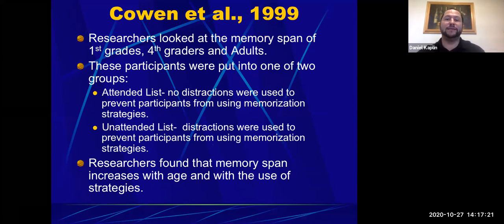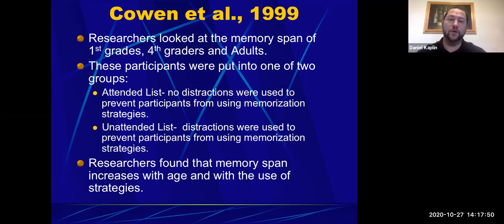All right, so now let's look at some research. So this research is by Cowan in 1999, and they looked at the memory span of first graders, fourth graders, and adults. And they put people into 2 different categories, an attended list or an unattended list. Now, what's the difference between an attended list versus an unattended list?